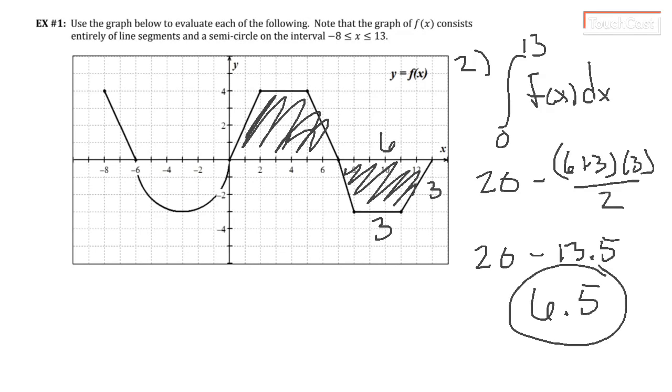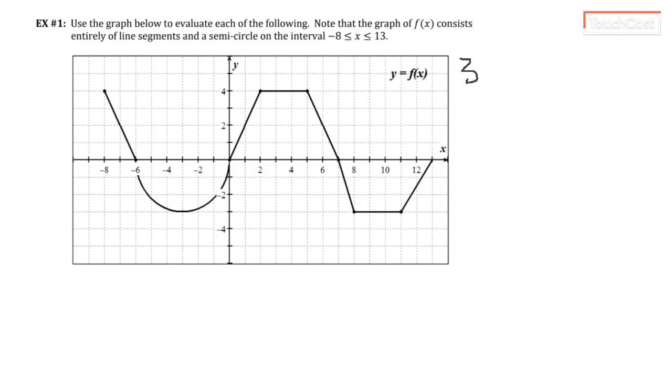Now let's look at 3. We're looking at the definite integral from -6 to 0 of our function with respect to x. So that part is this semicircle.